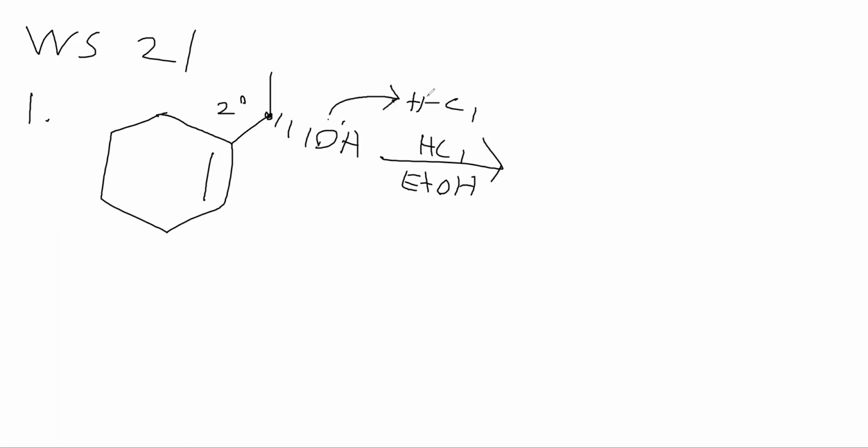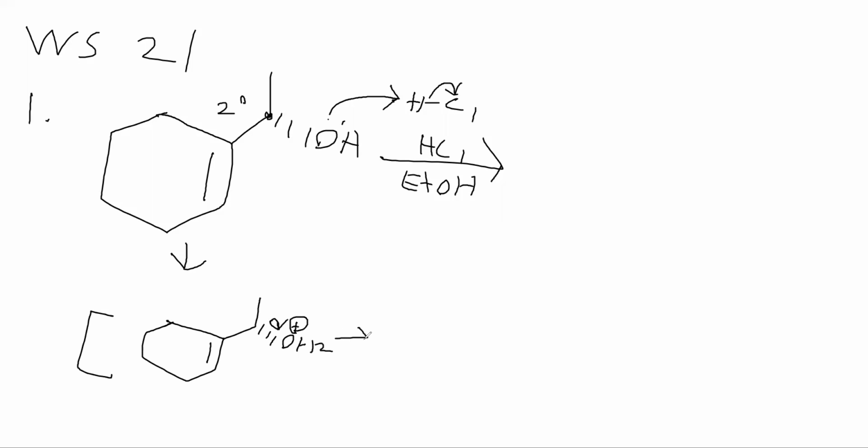So first, the oxygen takes a proton. I'm just going to show this so you can see why it's good. So you get water, and water kind of just leaves. And you get a carbocation.